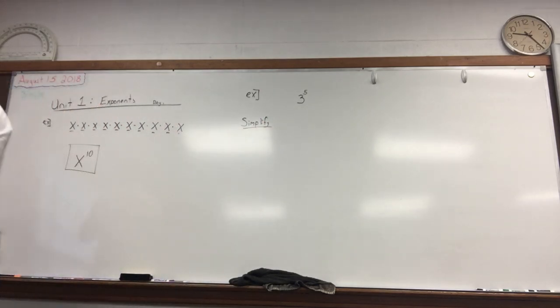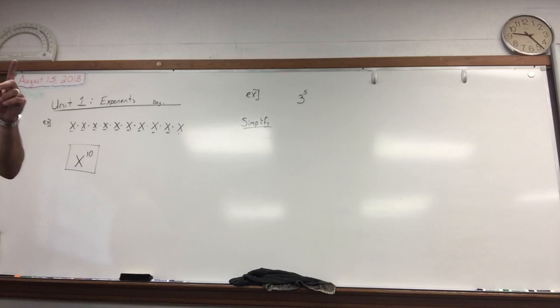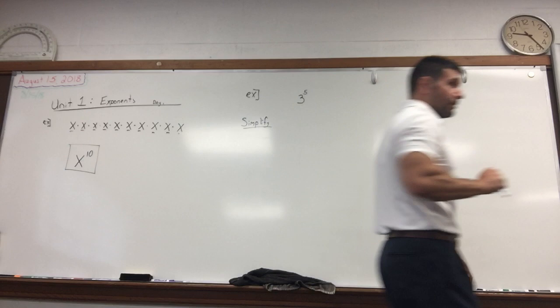So, it says 3 to the 5th power. I want you to simplify that. When I say simplify, what do I want at the end? Just an answer. Let's see what you can do from here. Again, work it out, see what you guys can get. So simplify, 3 to the 5th power.